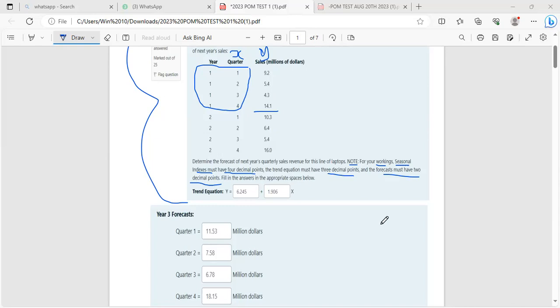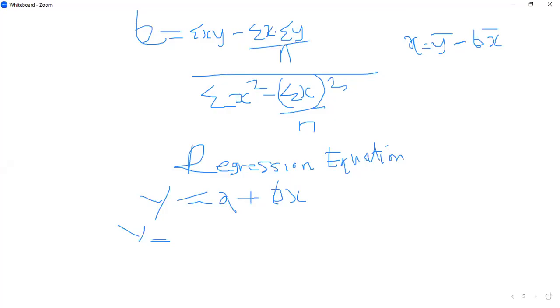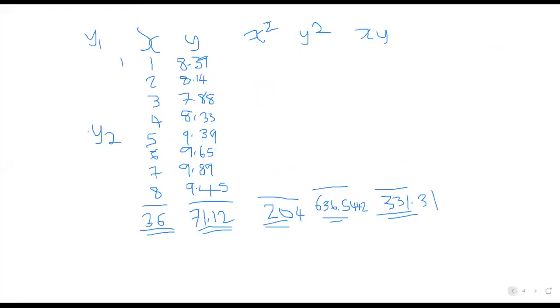And then they are simply talking about, so here it's just a matter of rounding off, because they're saying that seasonal indices must have 4 decimal places.